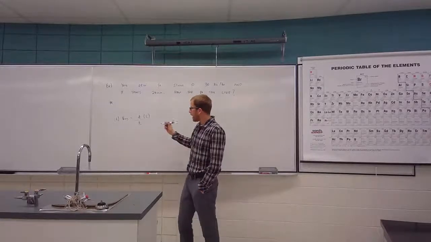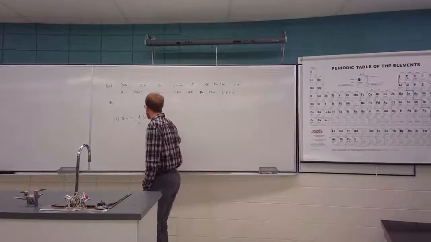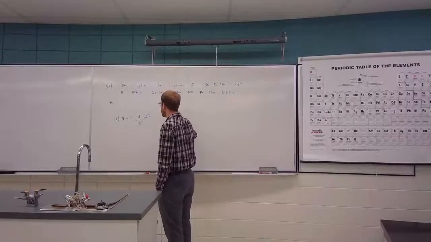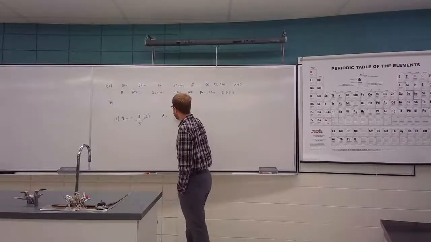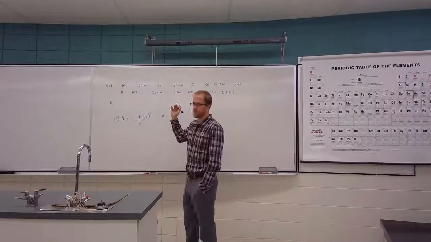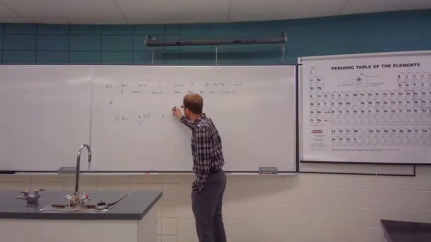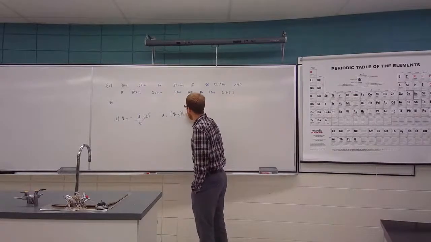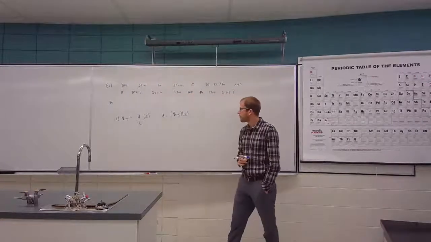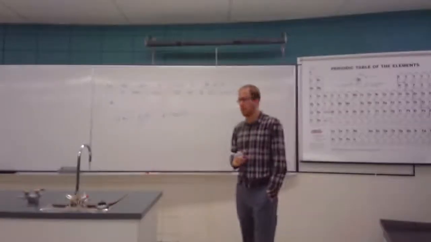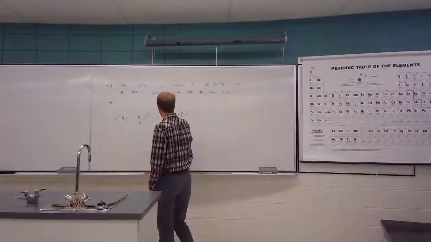All right, so we have now d is equal to our average velocity, or I keep using the word velocity, our average speed here, times our time. Now, what is my average speed?